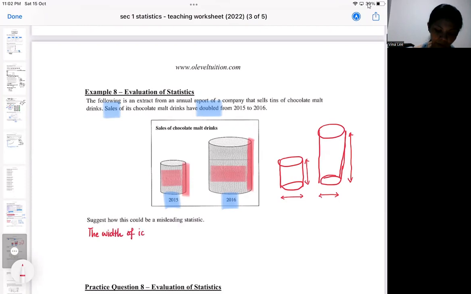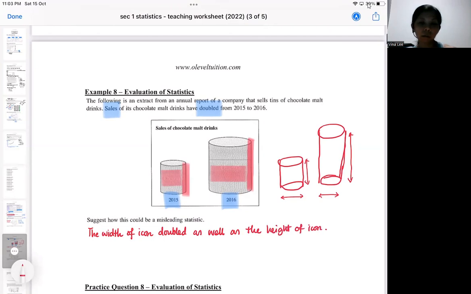The width of this icon doubled as well as the height of the icon. So it will be confusing, right? Should you be looking at the height or should you be looking at the width?